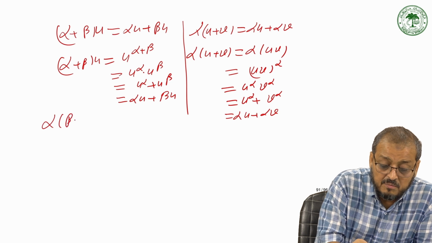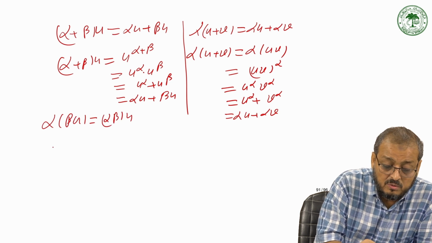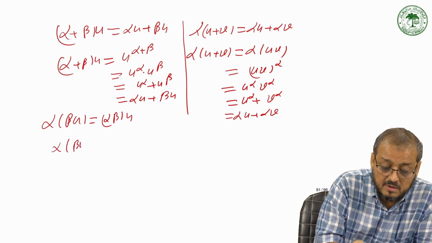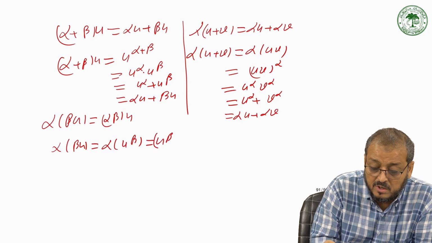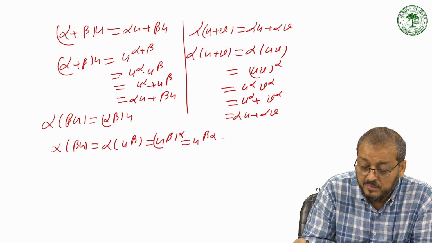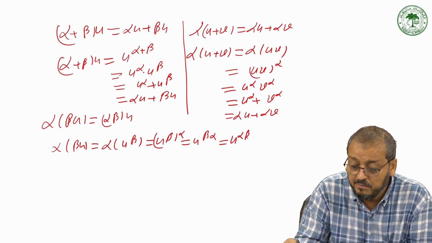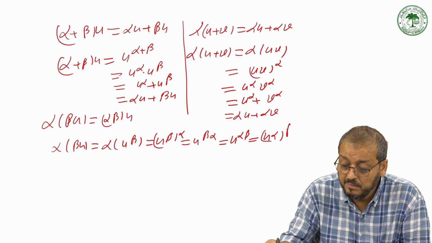Now we have alpha times beta of u, which should equal alpha beta u. So alpha times u to the power beta is equal to u to the power beta to the alpha, which is u to the power beta alpha, or u to the power alpha beta, which is u to the power alpha to the power beta.